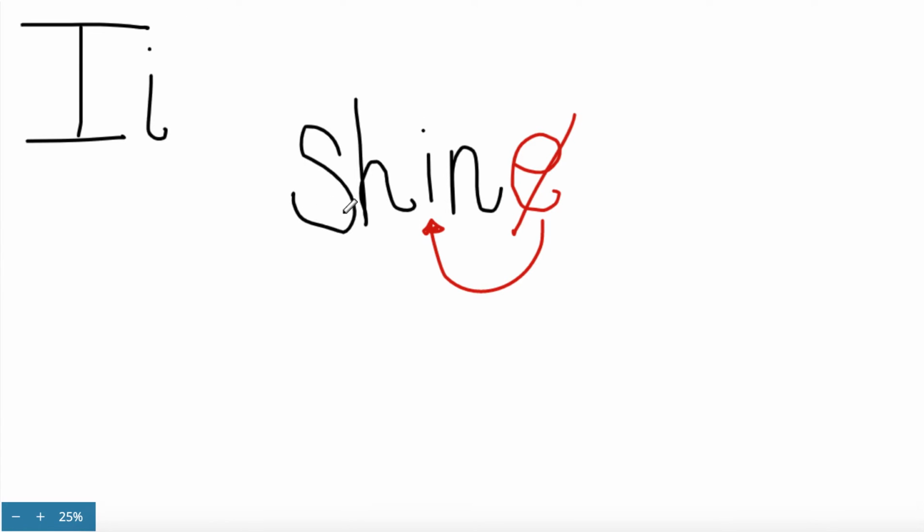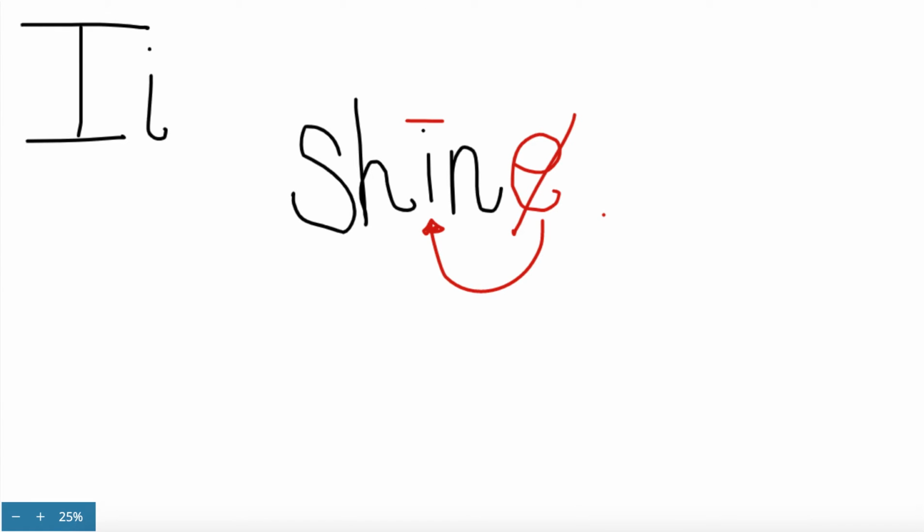So now we're going to read it this way. Sh, I, shine. No sound for the E. However, it has a very important job, which is to change the sound of our vowel. So now we have long vowel I here. So it's shine.